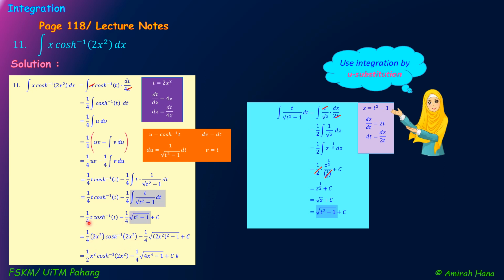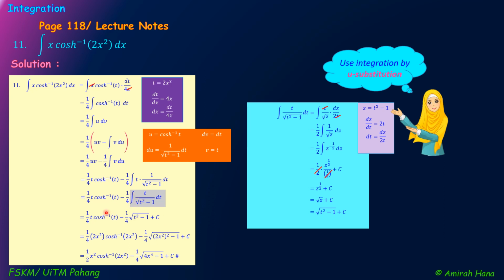Okay, lepas tu kita gantikanlah t tu kat sini. Okay, lepas kita dah ganti integration of t over square root of t squared minus 1 dt equals to square root of t squared minus 1, and then we put plus c at the back because this is indefinite integral.